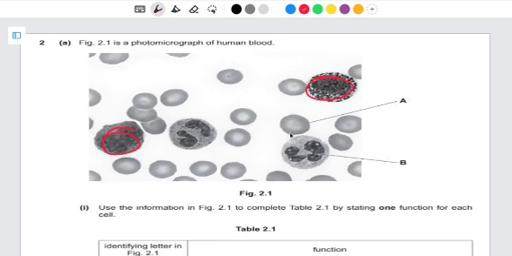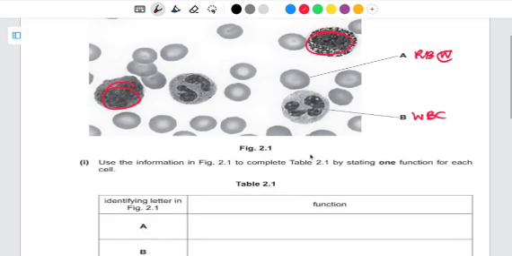Then this cell here is a red blood cell. So these are the red blood cells. These are the white blood cells. So this is the RBC, and this is the WBC. White blood cell, red blood cells. So specifically we can say this is the phagocyte.